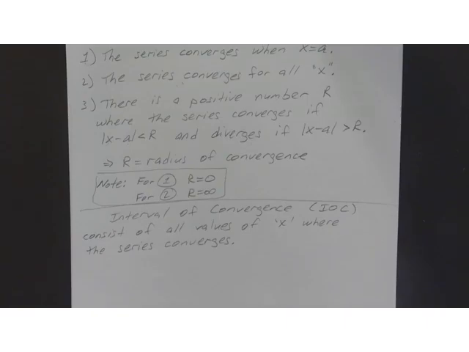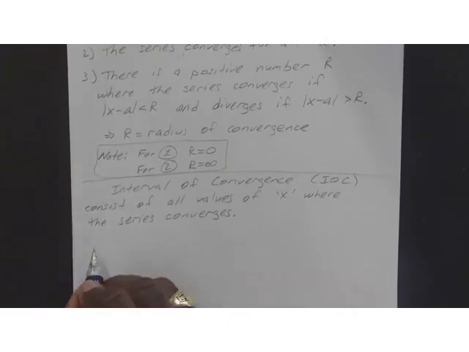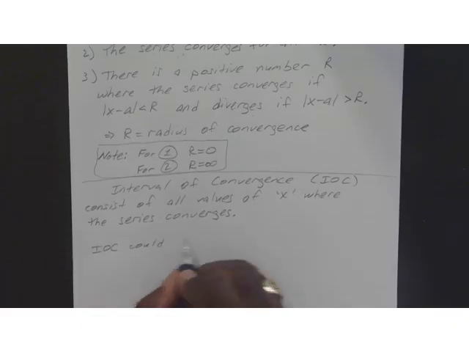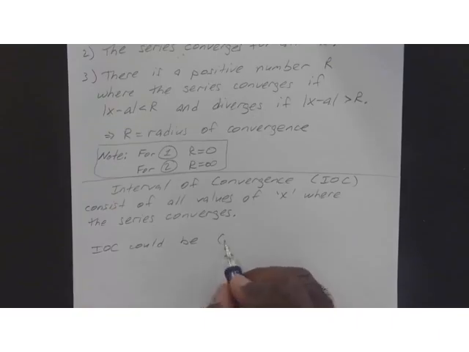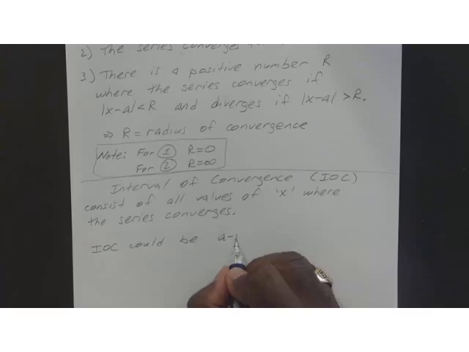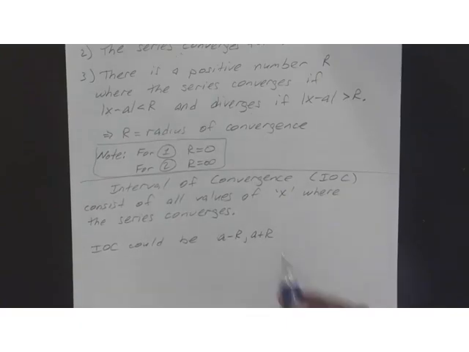Okay, so there are 4 possibilities for your interval of convergence. The first possibility is a minus your radius to a plus your radius, but it doesn't include those actual values, so we leave it as an open interval.